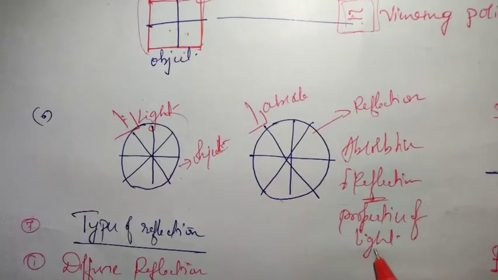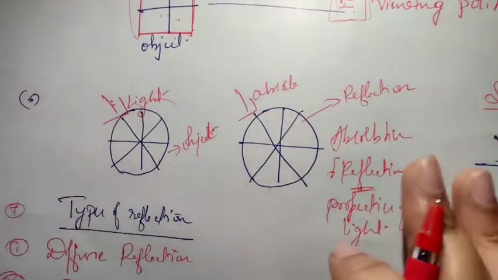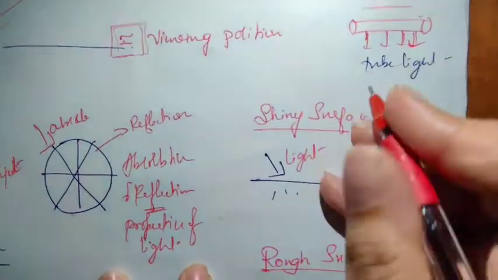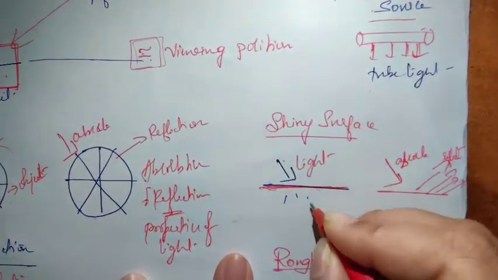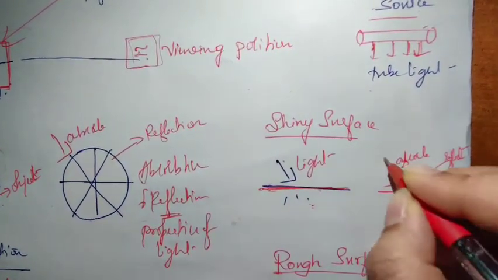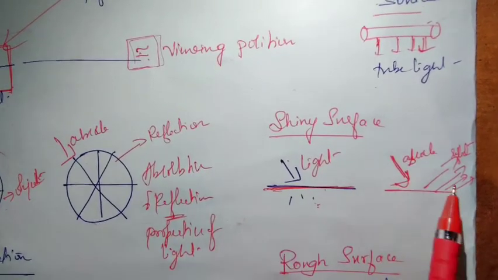For example, take a shiny surface or a rough surface. First I will explain the shiny surface. When light falls on a shiny surface, it absorbs some amount of light and reflects a huge amount of light.